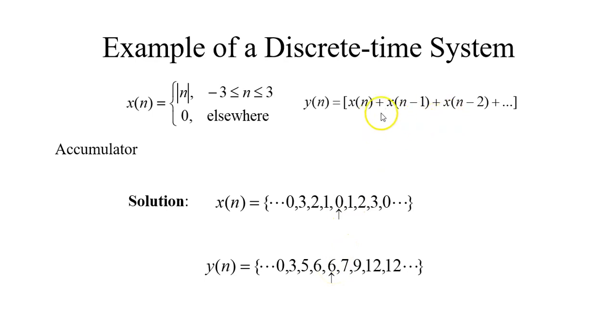So we have 3 values: x of 0, x of minus 1, and x of minus 2. So 3 plus 2 plus 1, we will have 6 here. So this is the idea.